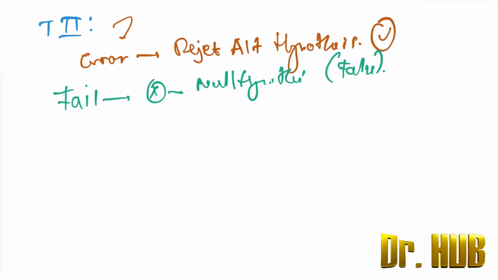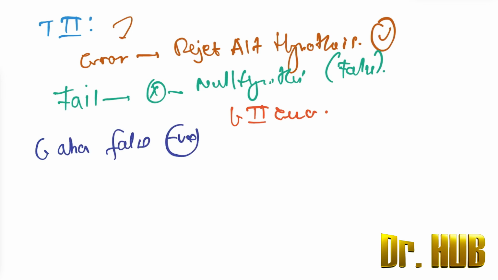This is known as a type 2 error. It is also known as the false negative error, and more commonly the beta error.